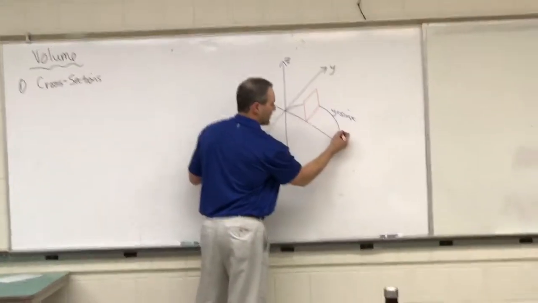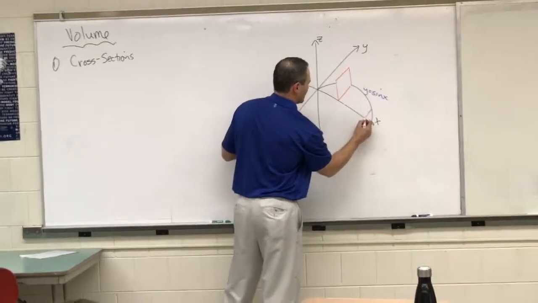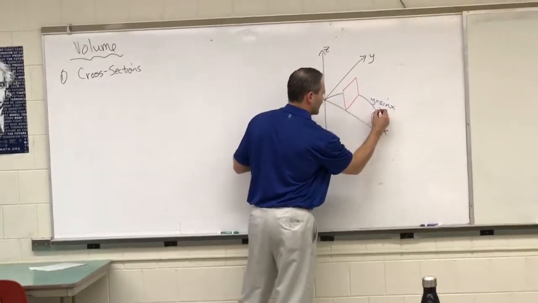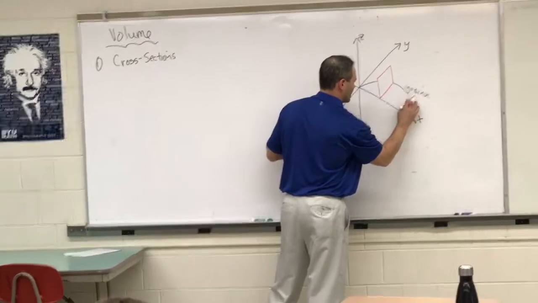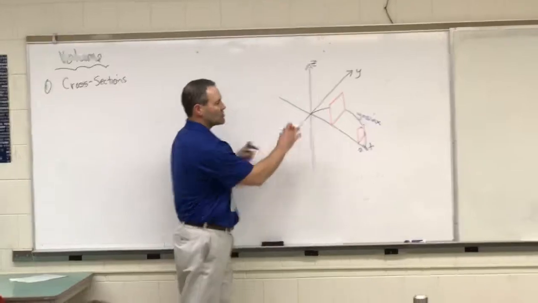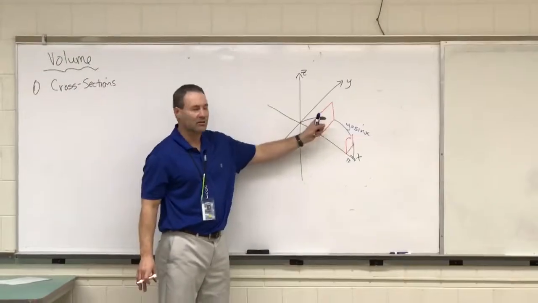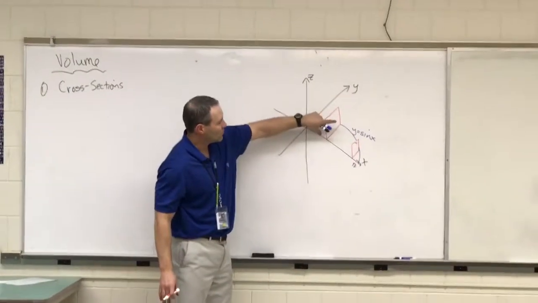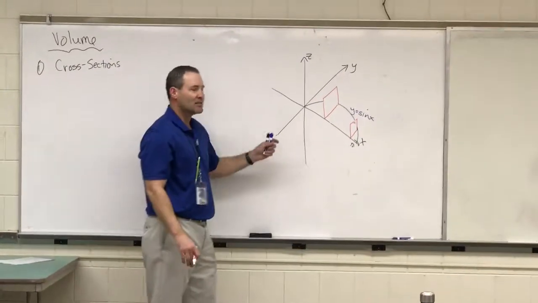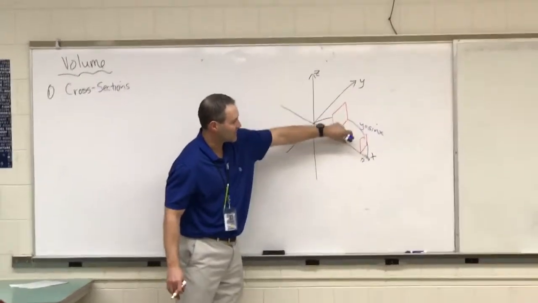So there's a whole bunch of squares. Oh, okay, I got it. Is it better when I erase it? Yes. Okay, so each cross section is going to be a square whose base is between the x-axis and sine x. So all of these squares are different sized.